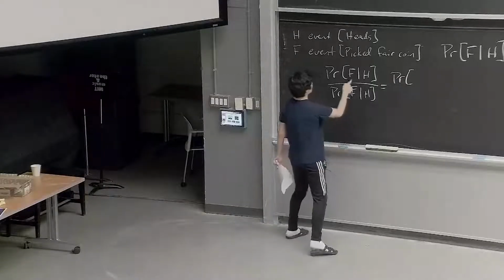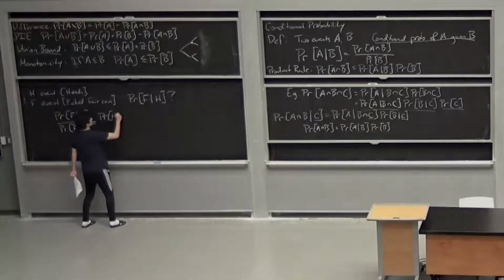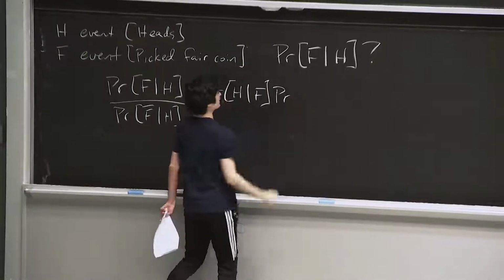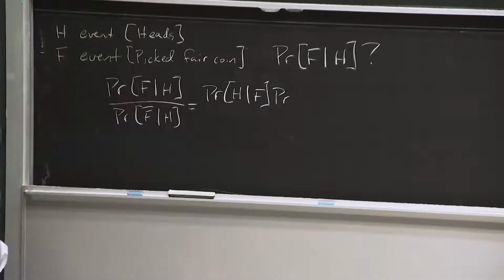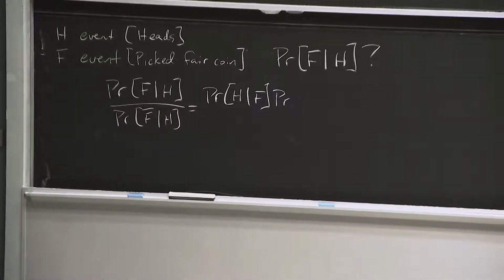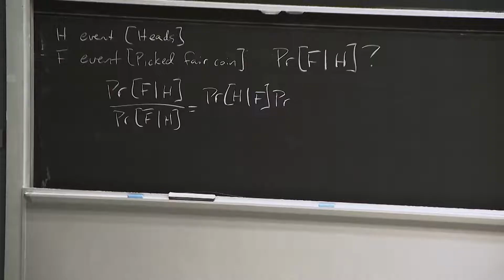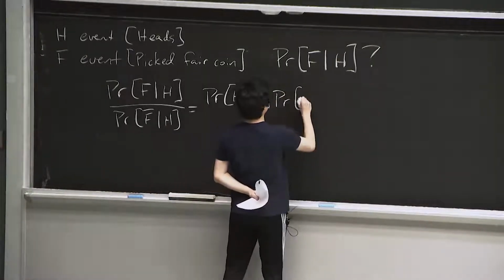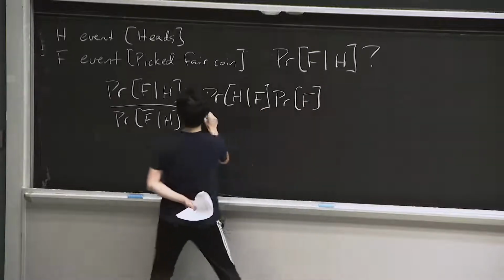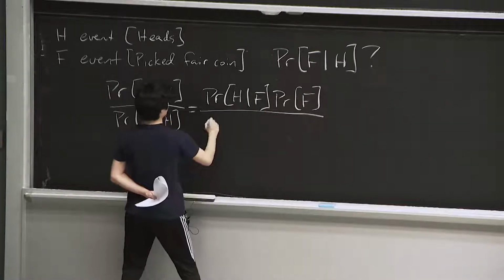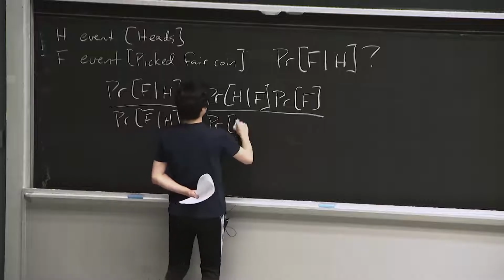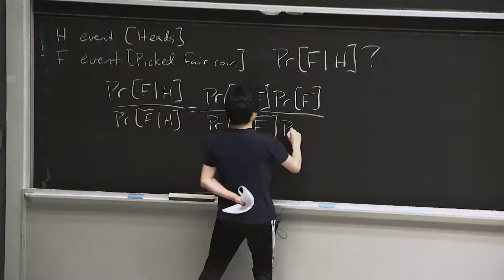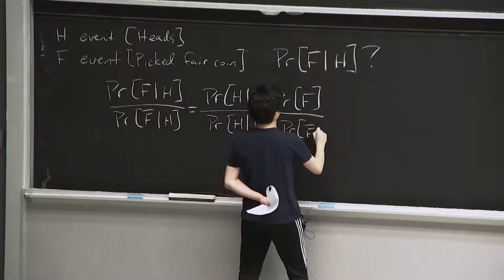So instead of F conditioned on H, we want H conditioned on F, multiplied by the probability of F. And on the bottom, we can do the same thing: probability of H given not F times the probability of not F.